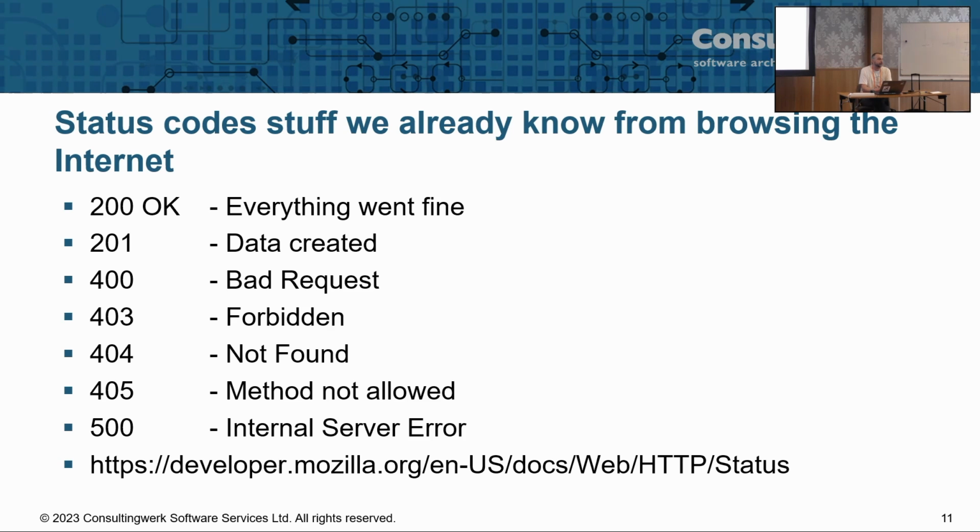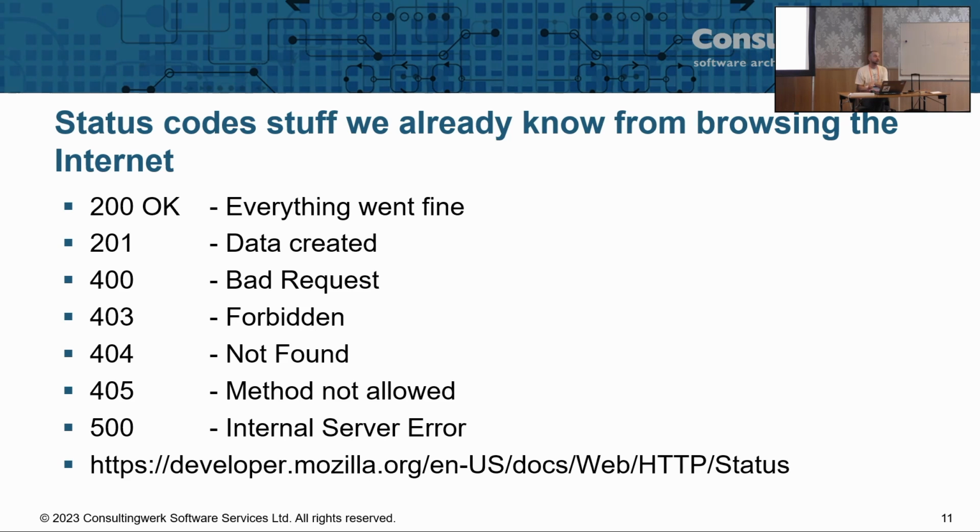They are typically between the 200 and the 500. 200 is okay, everything went fine. 201 data created. Probably you have seen the 400 bad request, 403 forbidden, 404 page not found, 405 method not allowed. So that means you are authenticated on a server, but you are just not allowed to execute a certain method.